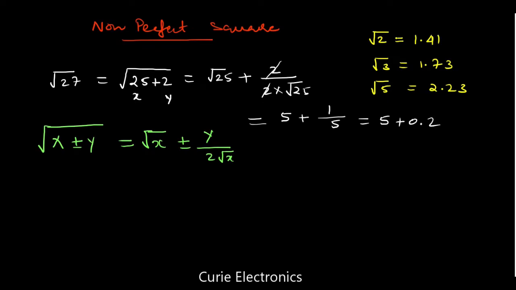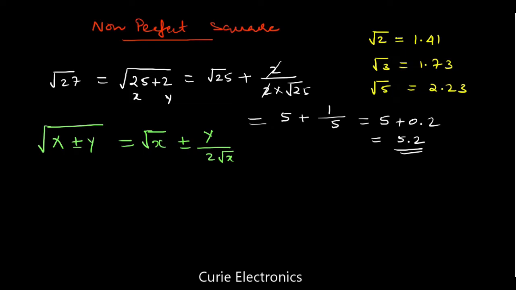So we get 5.2. Let me check the calculator. The square root of 27 is 5.196, so it is approximately 5.2. It is correct.